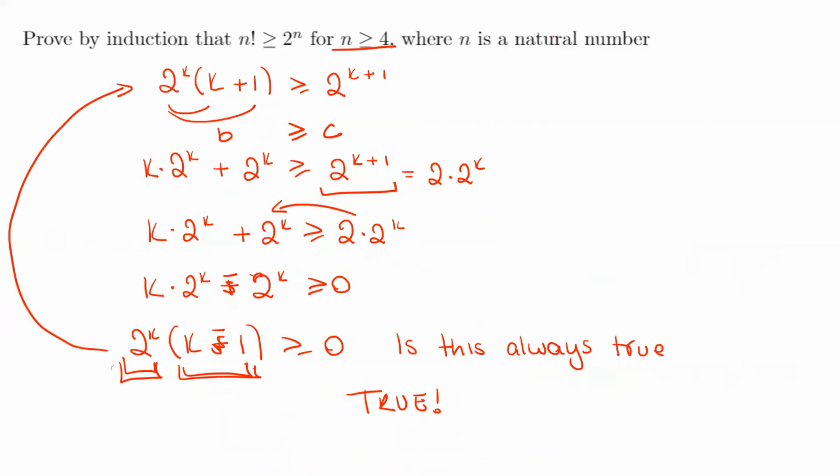So now that we know it's true for k, and it's true for k plus 1, we know it's true for any k, and we can say a rolling proof is formed. And from that, we've proved by induction that n factorial is greater than or equal to 2 to the power of n for any n greater than or equal to 4.